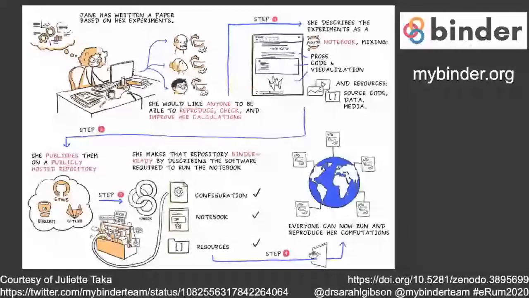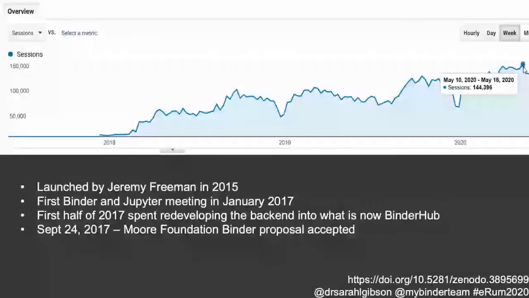So here's a little bit of the history of mybinder. We were originally launched in 2015 by Jeremy Freeman, and the first joint meeting between Binder and Jupyter happened at the beginning of January 2017, and that was to help maintain and support the project. The first half of that was spent redeveloping the back end into what is now BinderHub.